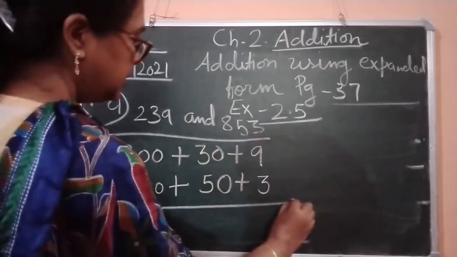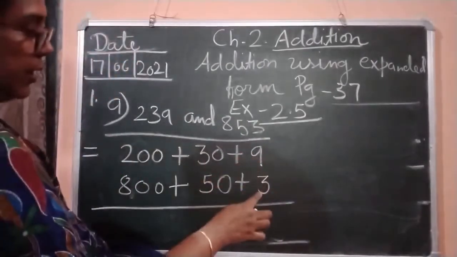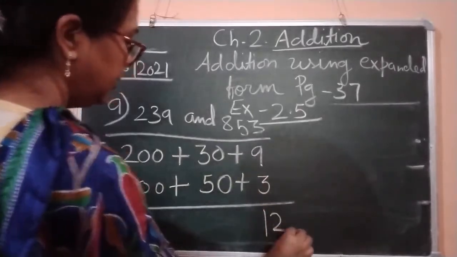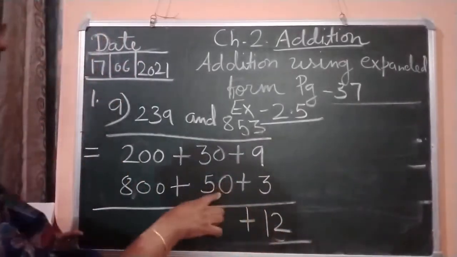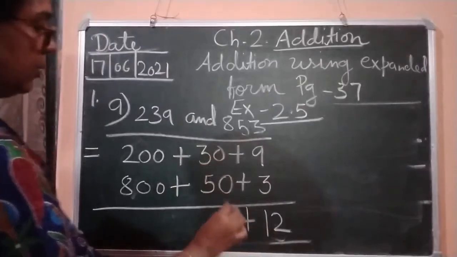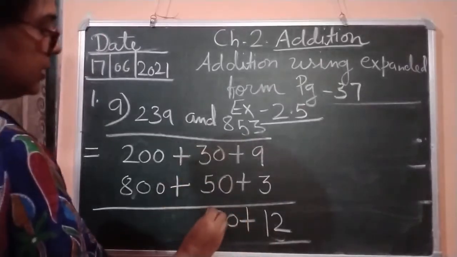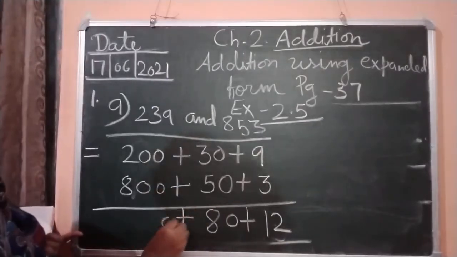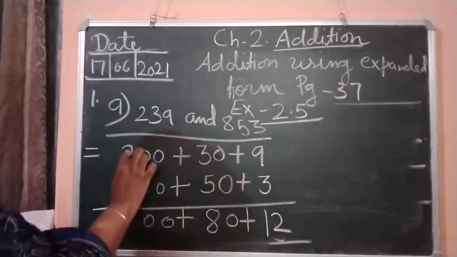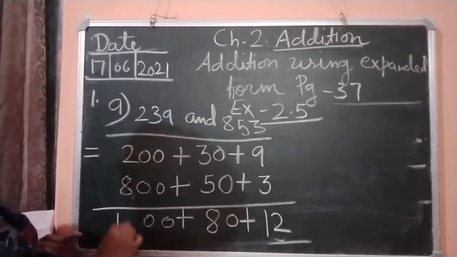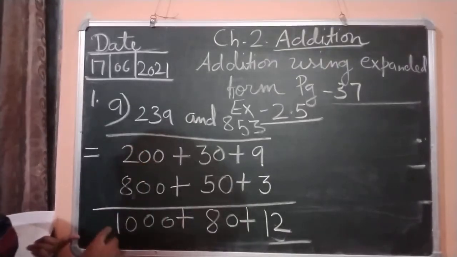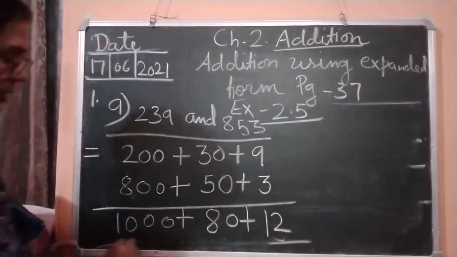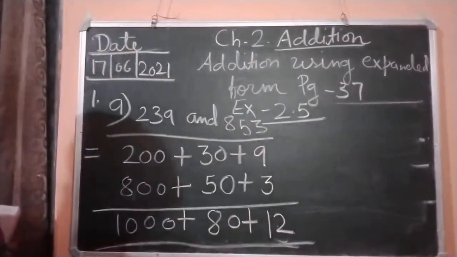Now let's start adding. 9 and 3 is 10, 11 and 12. So this is 12. Now here you can see 50 and 30, this is 80, plus 200 and 800, that is 1000. Now here you can see 1000 plus 80 plus 12. The answer is 1000 plus 80 plus 12.